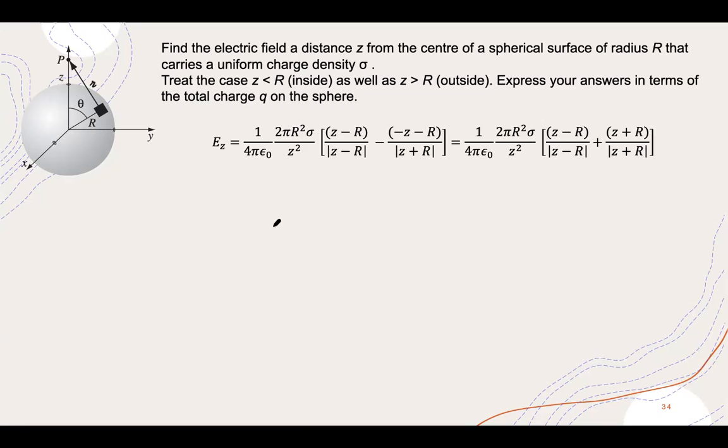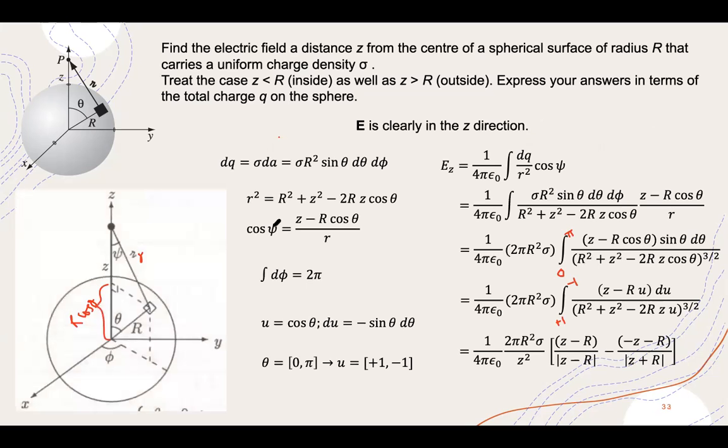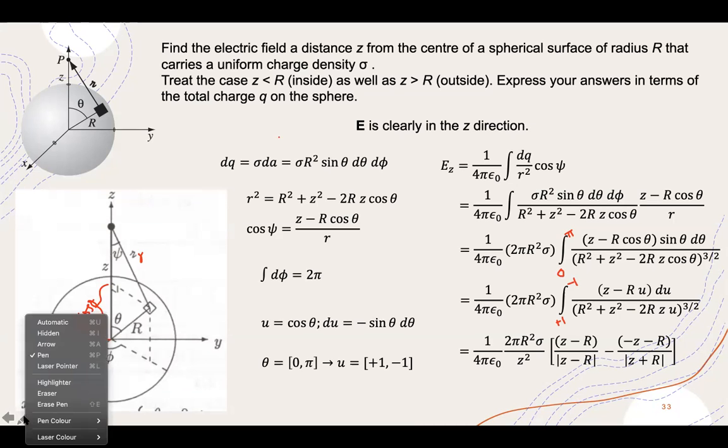Sir, du equal to minus sine theta d theta. Then, sir, where is the minus sign? So what I did, I integrated over -1 to +1.